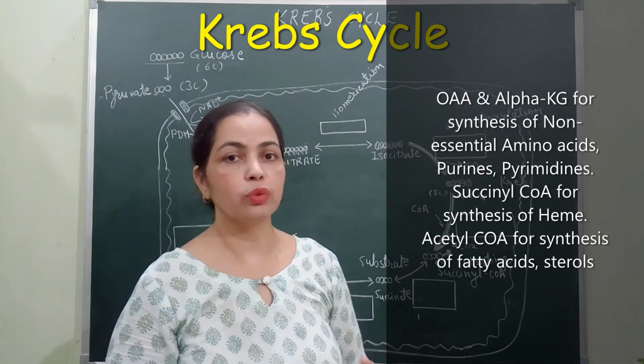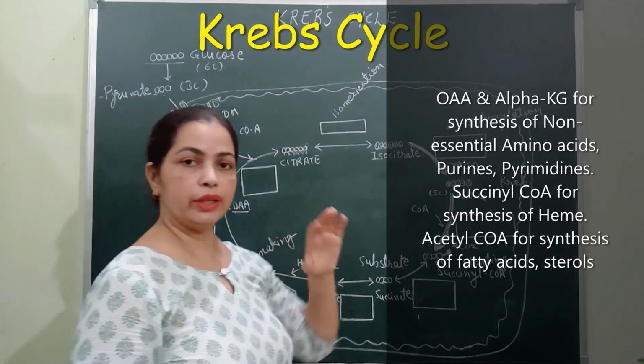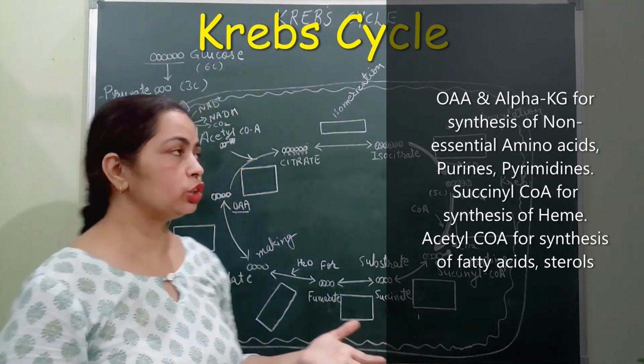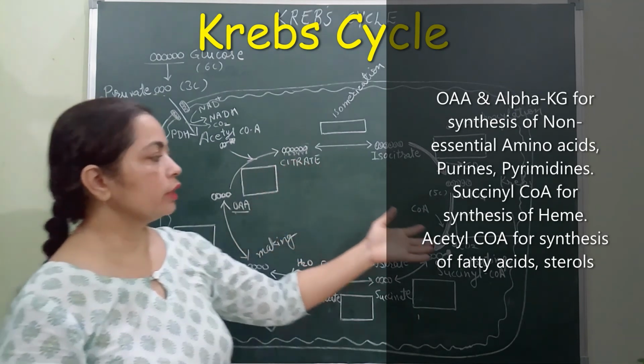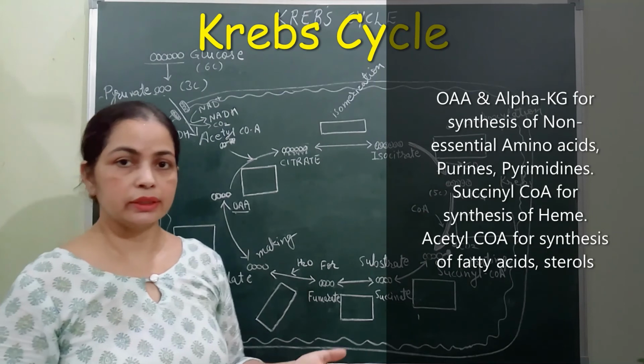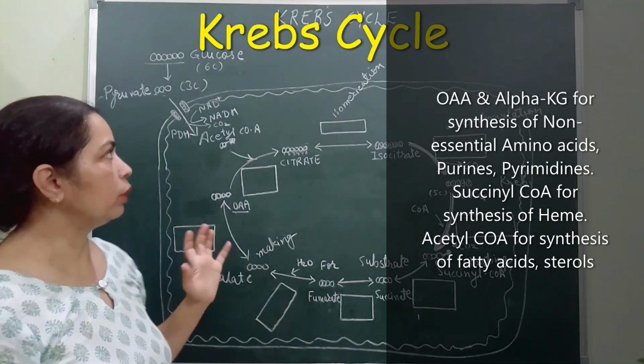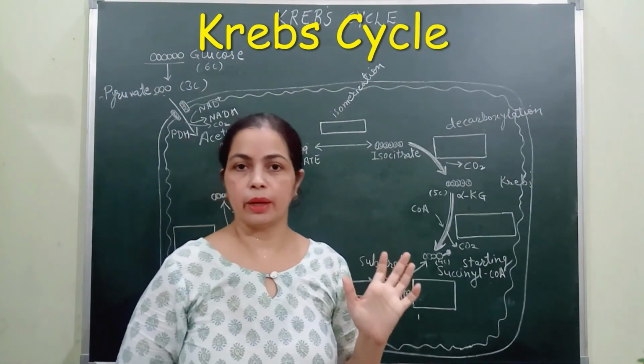For the synthesis of glucose, oxaloacetate and malate get converted into pyruvate and then gluconeogenesis is initiated. Similarly, citrate and the others help in the synthesis of purines, pyrimidines, fatty acids and non-essential amino acids. So this is about Krebs cycle, the central metabolic pathway.